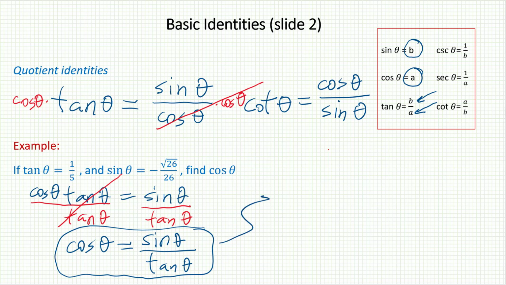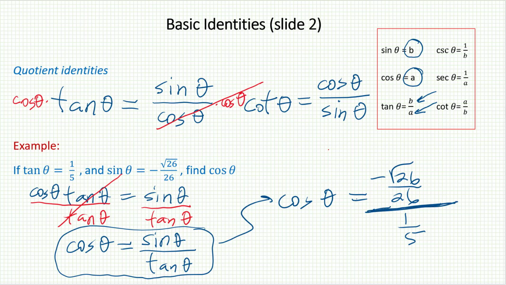Well, I'm all set now. To use it, I can simply plug in the values. I know that sine theta is negative root 26 over 26, and tangent theta is 1/5. All I have to do is simplify here, and I'm all set. Well, once again, I know that that giant fraction bar just means divide.